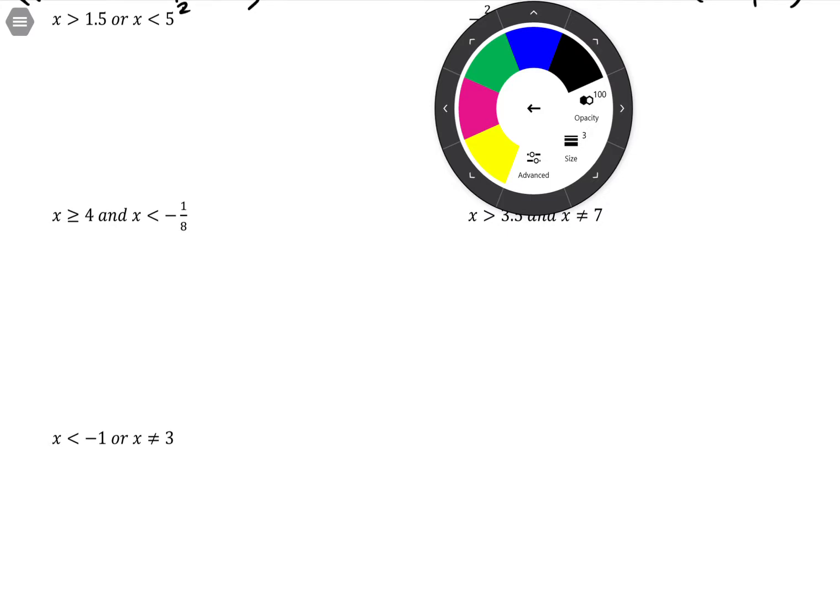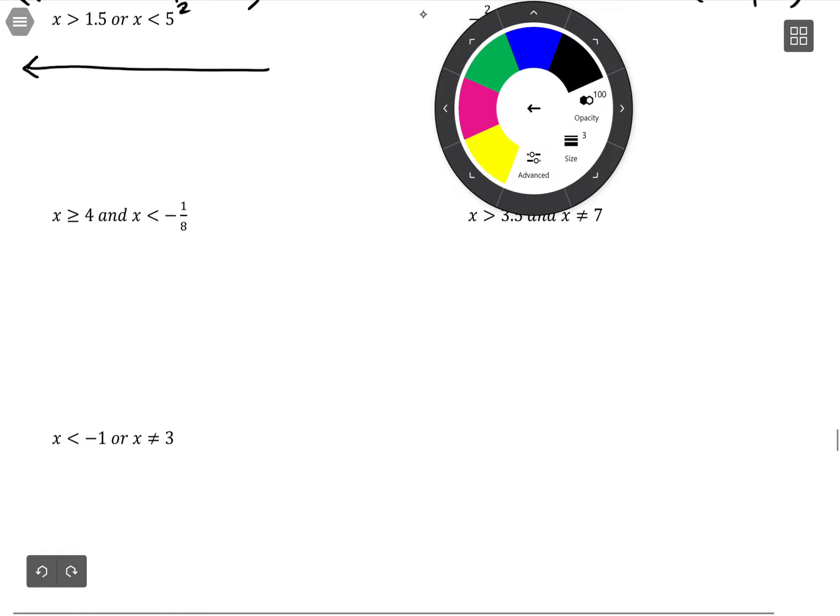Okay, x greater than 1.5 or x less than 5. So these are going opposite directions. So go blue, greater than 1.5, less than 5. Okay, so let's say we'll put 0, 1, 2, 3, 4, 5. Okay, so 1.5 needs an open circle, and we want everything bigger than 1.5, so headed this direction.